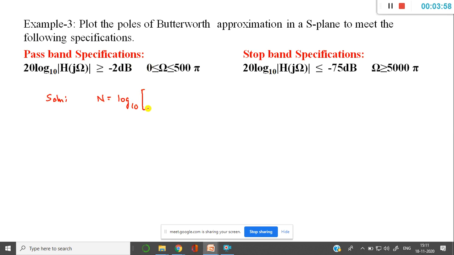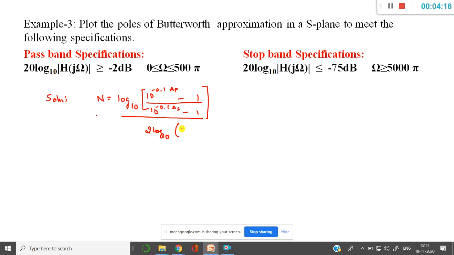So n is equal to log to the base 10 of (10 to the power of minus 0.1 Ap minus 1) divided by (10 to the power of minus 0.1 As minus 1), and the entire thing divided by 2 times log to the base 10 of omega p by omega s. Now what is the value of n here? Quick, what's the value of n, guys?